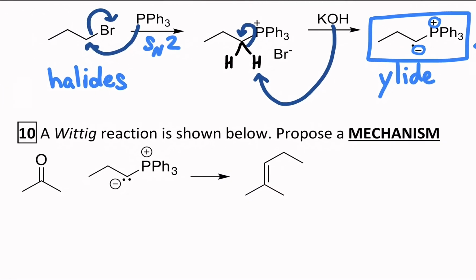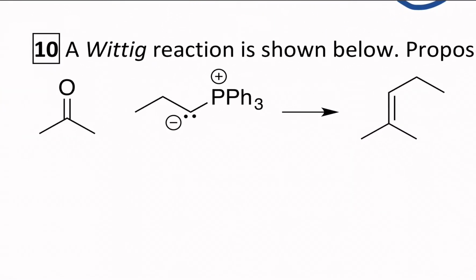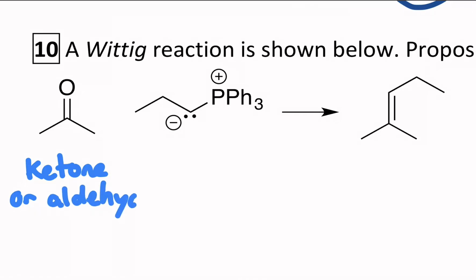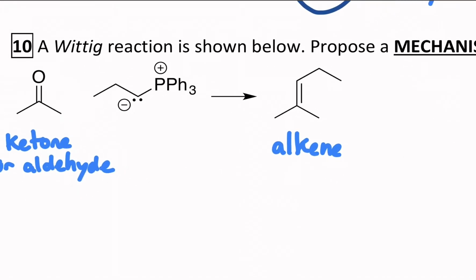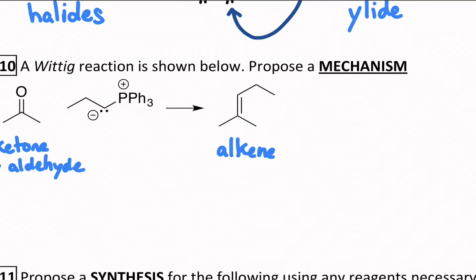They react with aldehydes and ketones to make alkenes. So here we have a ketone, but this also works on aldehydes. And it turns it into an alkene. Which means if you think about this, it's kind of like the opposite of ozonolysis. This is the reverse of ozone.